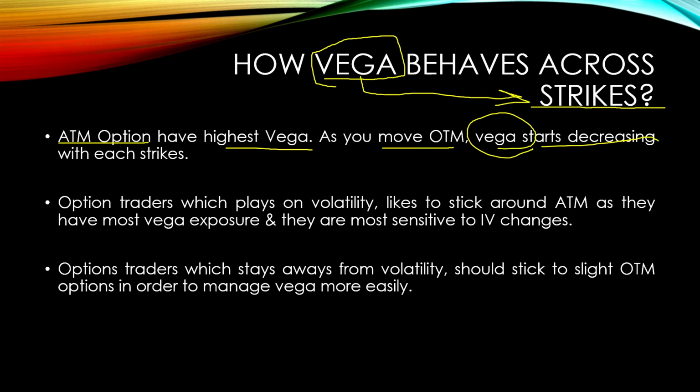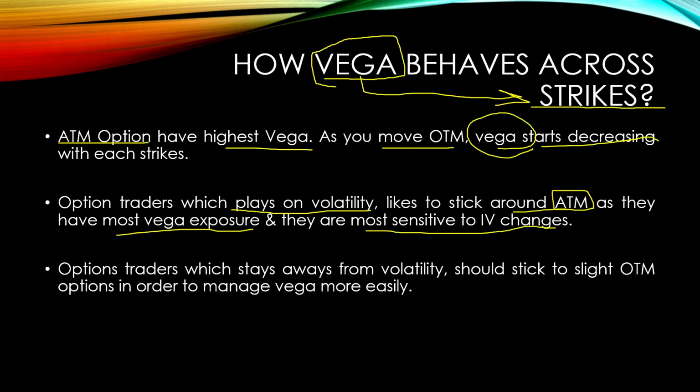Option traders who like to play on volatility, solely on volatility, like to stick around at the money options, as they have the highest Vega exposure, and at the money options are most sensitive to IV changes.